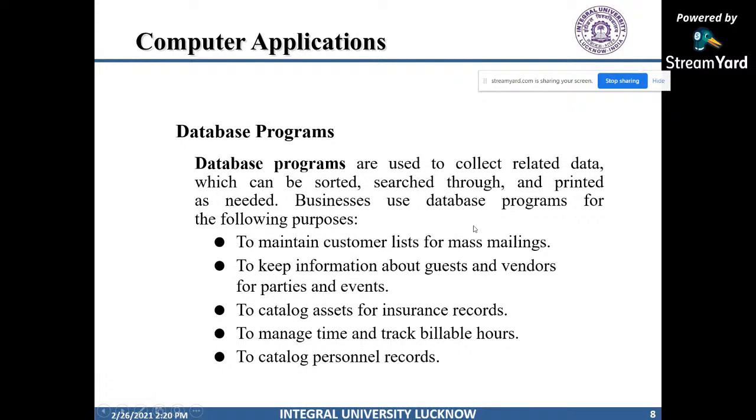Then database programs. These programs are used to collect related data which can be stored, searched, and printed as we need. These database programs are used for the following purposes, like maintaining a customer list or mass mailing.